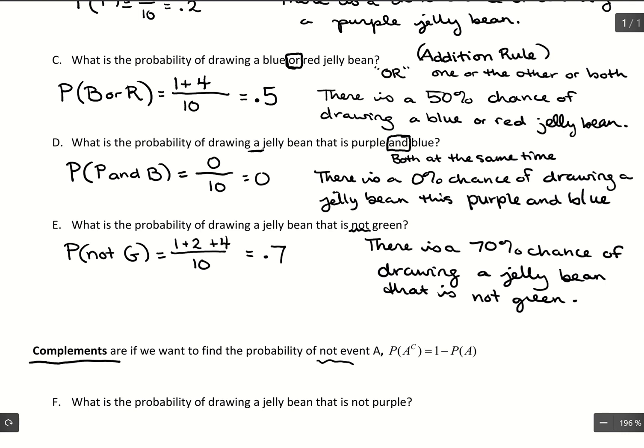For our notation, we use our P in parentheses, so probability of, and then you write your event name, which for this formula we're using A, and you use this little, it's like an exponent of C, but really this is reading as probability of the complement of A. So for our example E, where I want probability of not green, I could have written that as P parentheses, G, and then this C in that exponent spot to say the complement of green, instead of writing out not green.